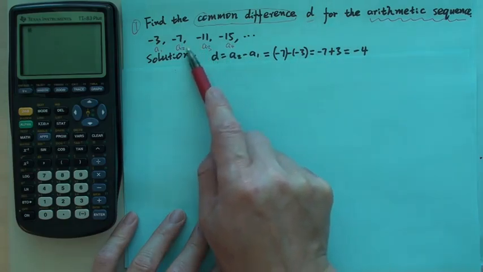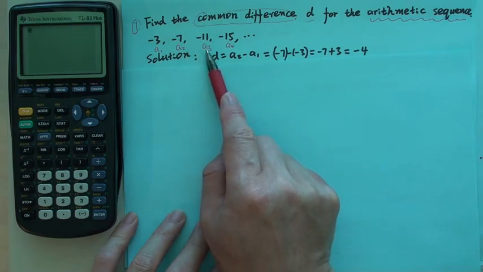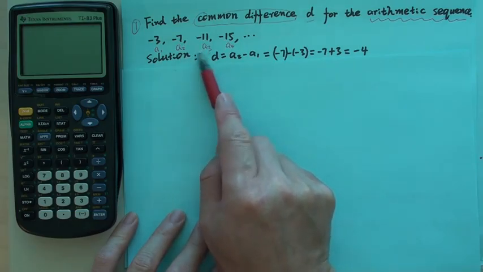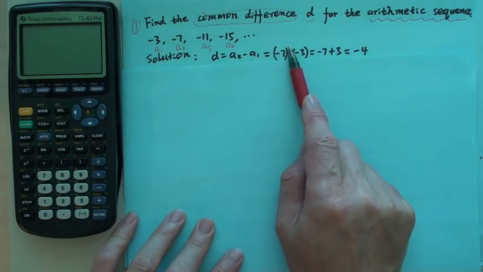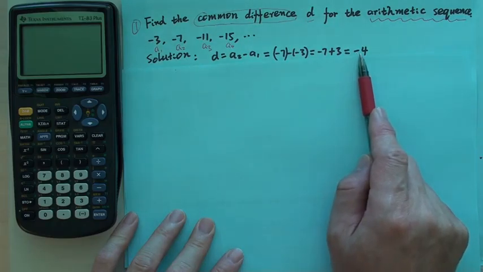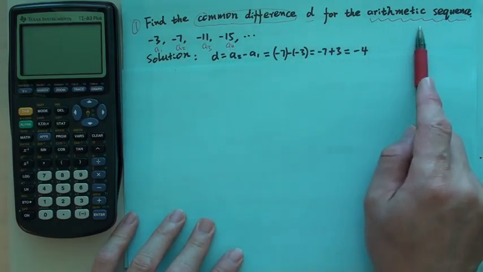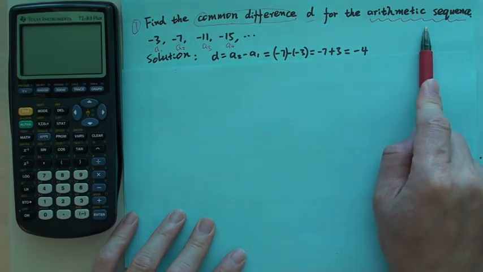You may work on the second one, a3 minus a2, and you have the same answer, because all the differences are the same. That's why we call this sequence an arithmetic sequence.